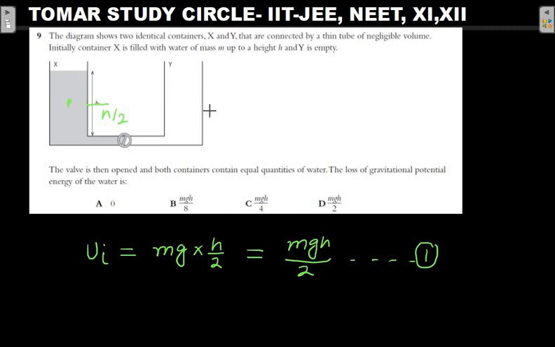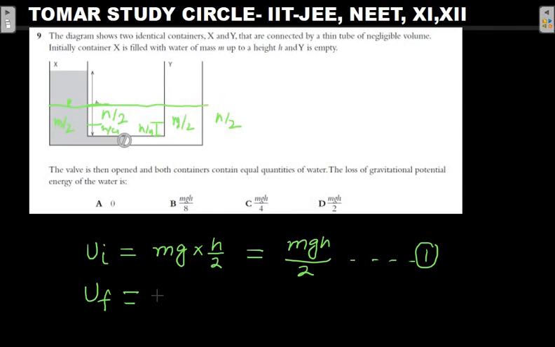The final level of water in both containers becomes h by 2 and h by 2. Here the mass will be m by 2 here and m by 2 here, and this mass can be considered at the center point again, and this center point will be at height h by 4 in both the containers. Then the final potential energy Uf will be equal to potential energy of water in container X and potential energy of water in container Y.